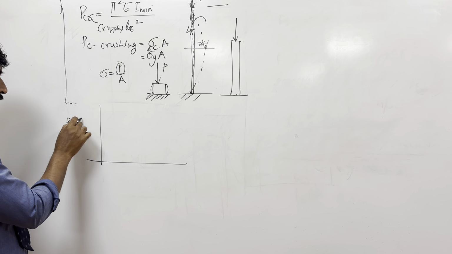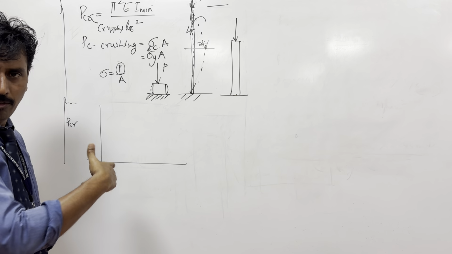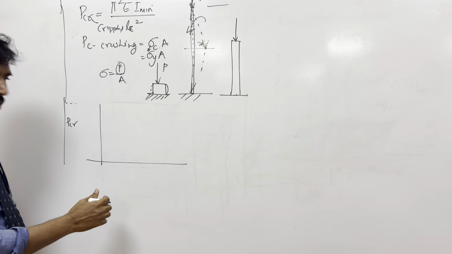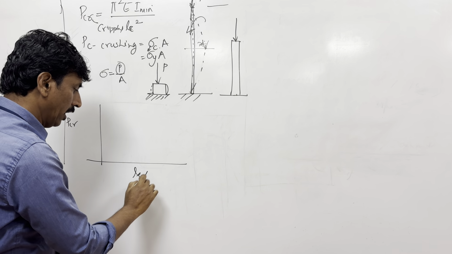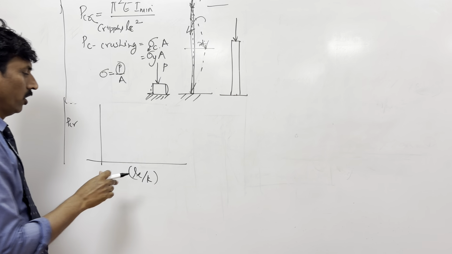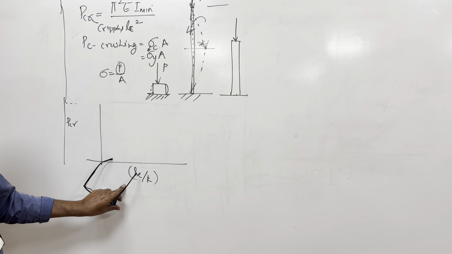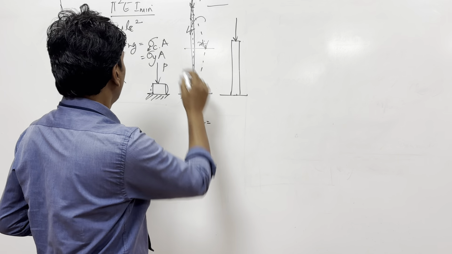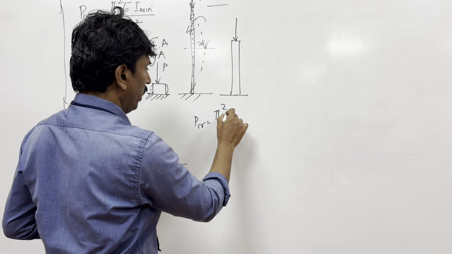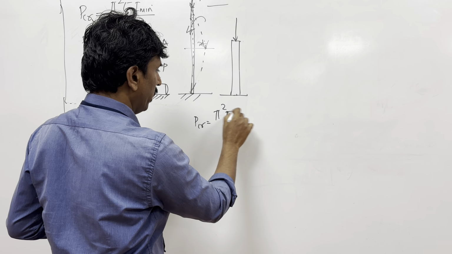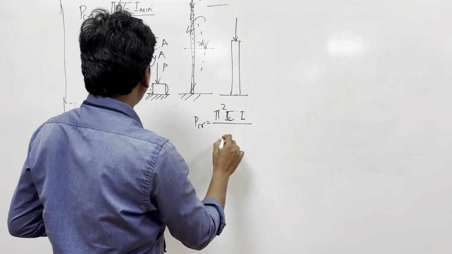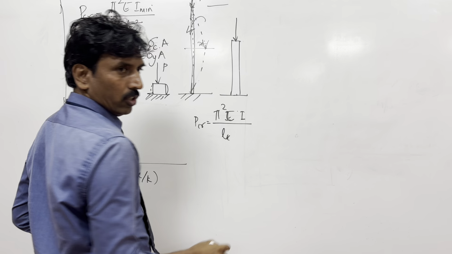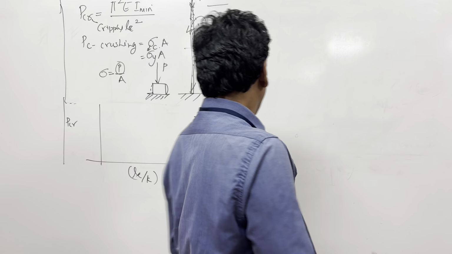The Euler load, this is LE by K. Now from where did this LE by K come? I'll tell you. PCR is equal to pi square EI divided by LE square.